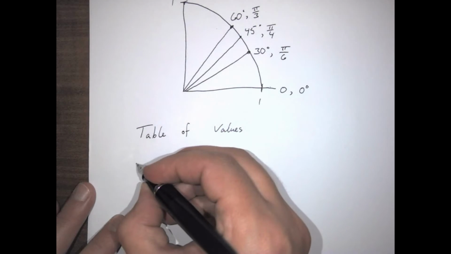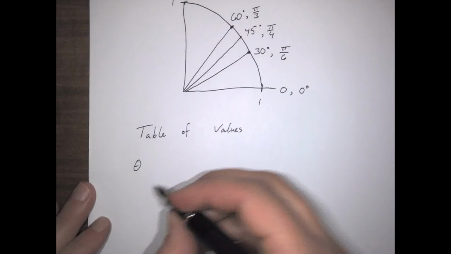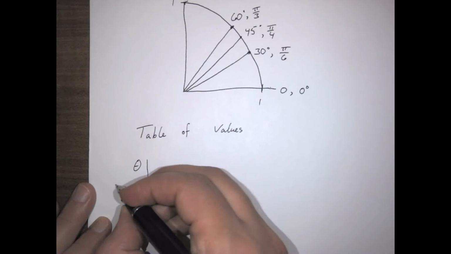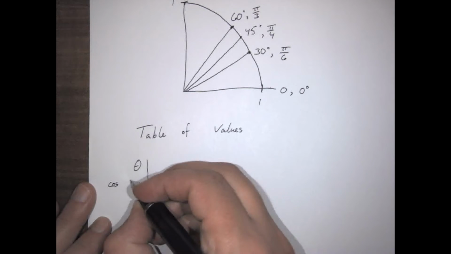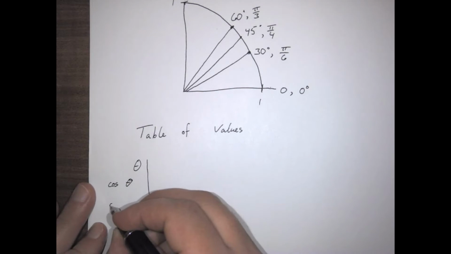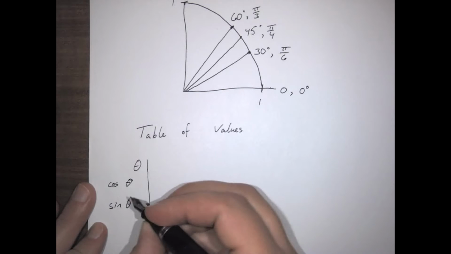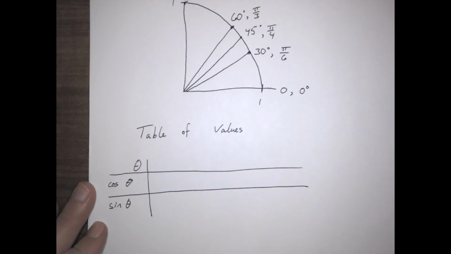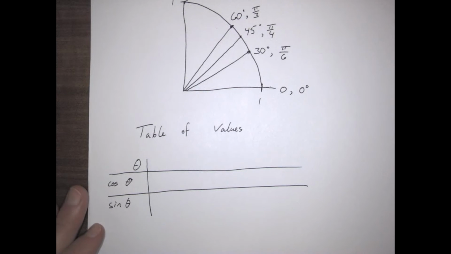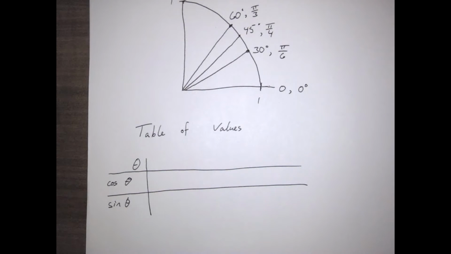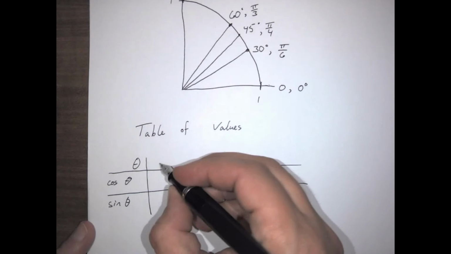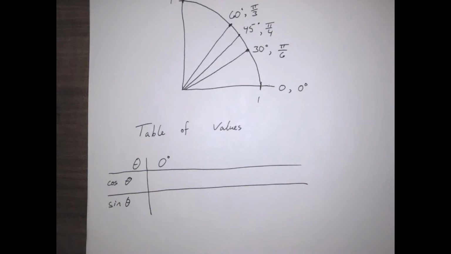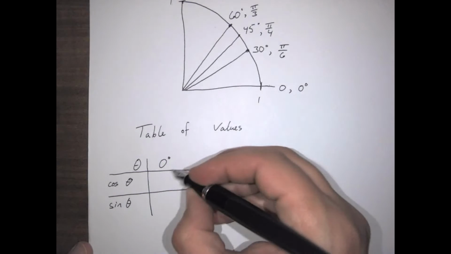Alright, so let's say here we've got theta. Let's go cosine theta, and then sine theta. And let's just do it first in degrees, because degrees are still, I think, much more familiar to everyone than radians are. So let's just start with degrees.